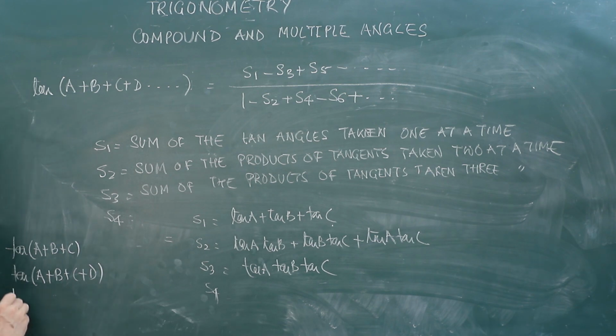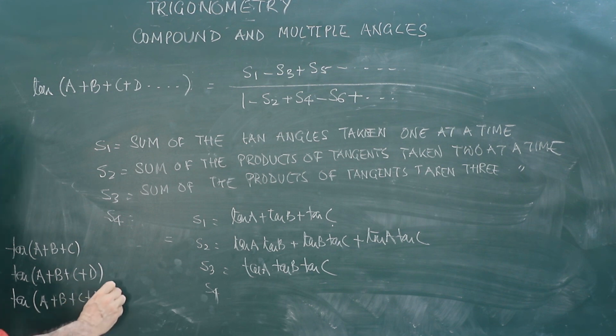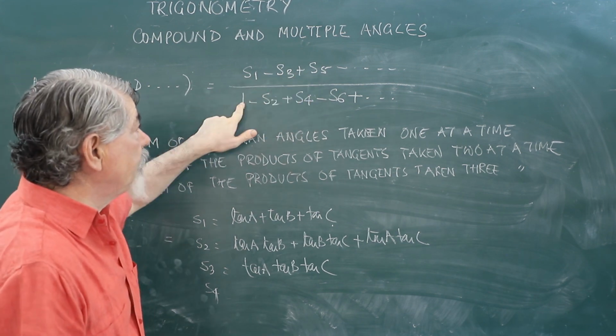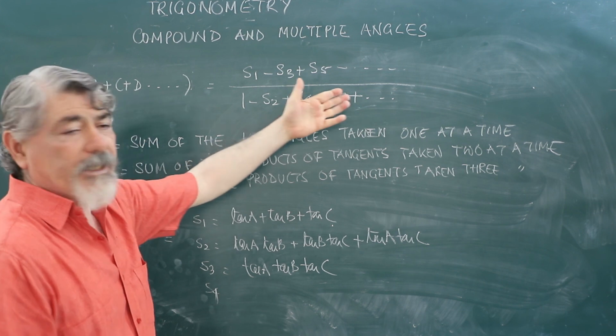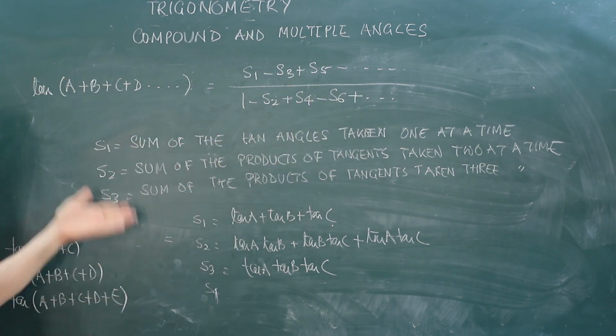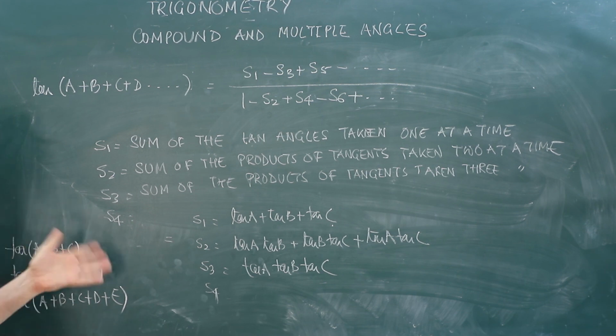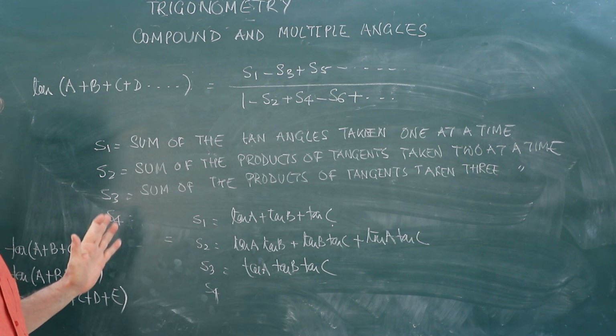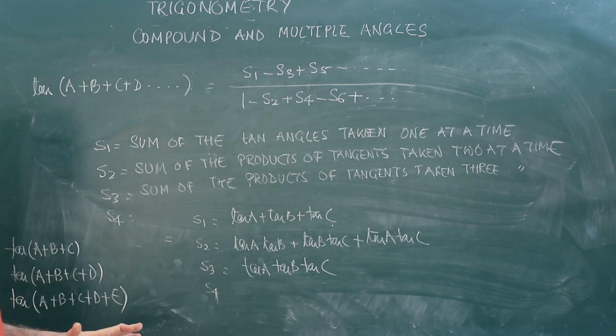If it becomes tan(A plus B plus C plus D plus E), a sum of 5 tangents, then I can go S1, S3, S5 upon 1 minus S2, S4. I can't go till S6. So this is a very broad formula. You will come across tan(A plus B) or tan(A plus B plus C) mostly, not beyond that. Thank you.